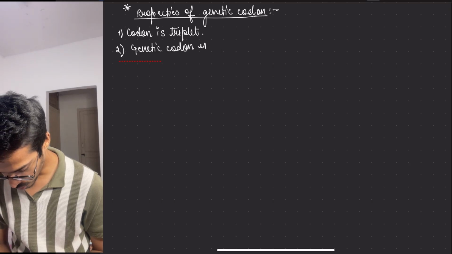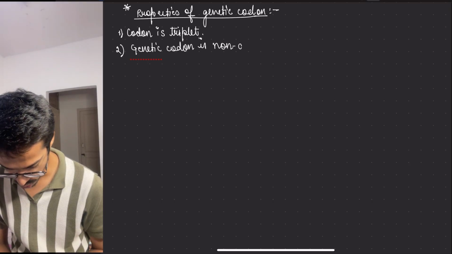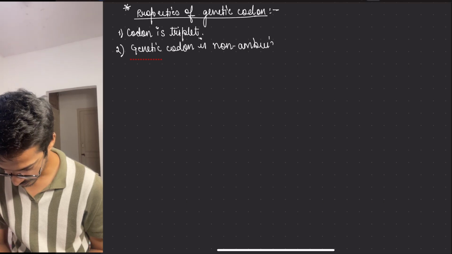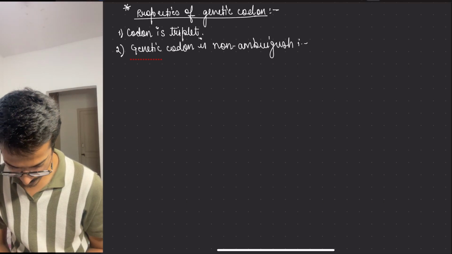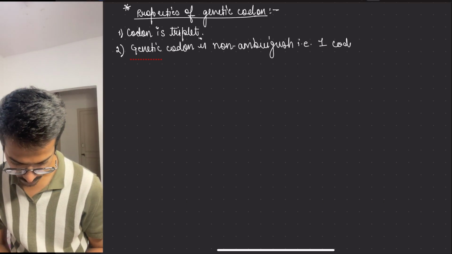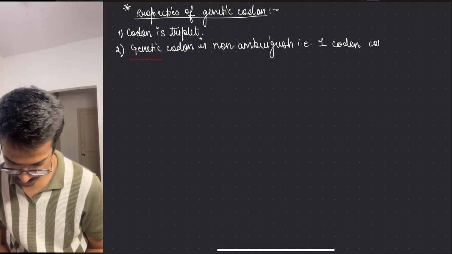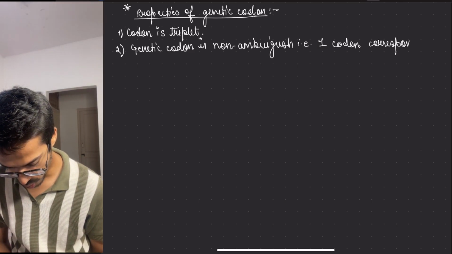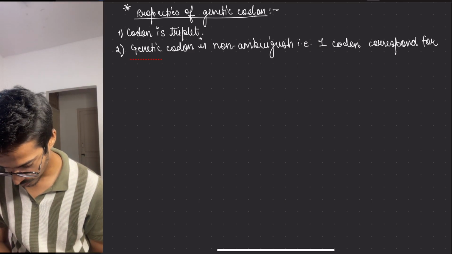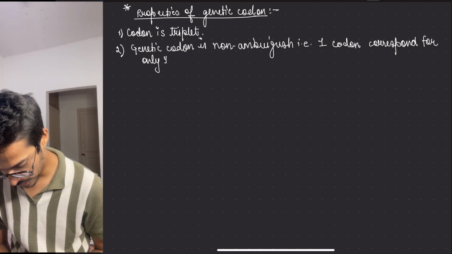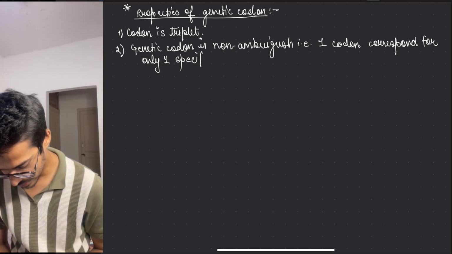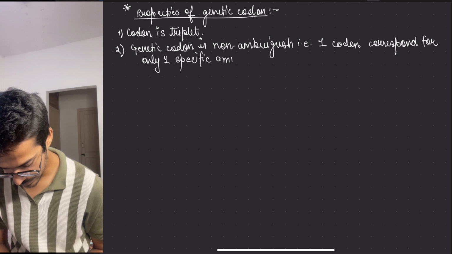So the genetic codon is non-ambiguous, that is, one codon corresponds to only one specific amino acid.